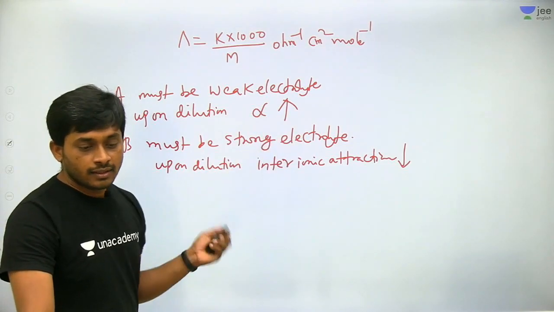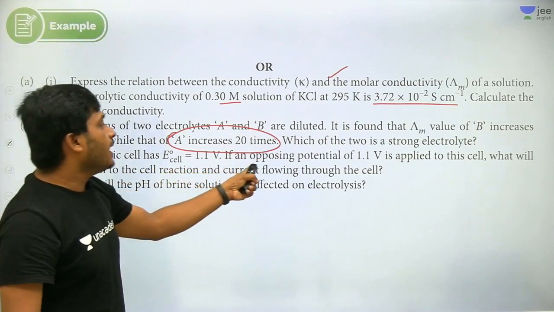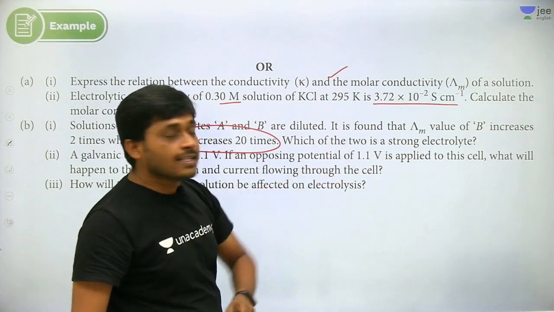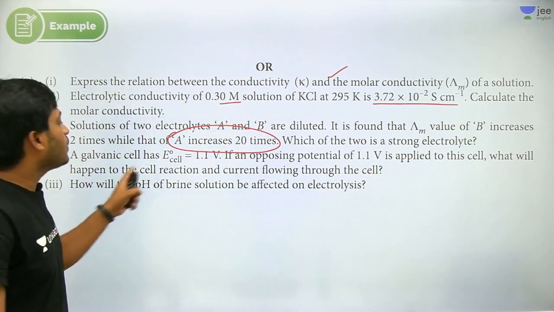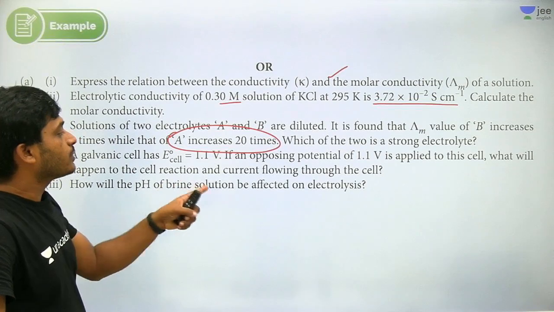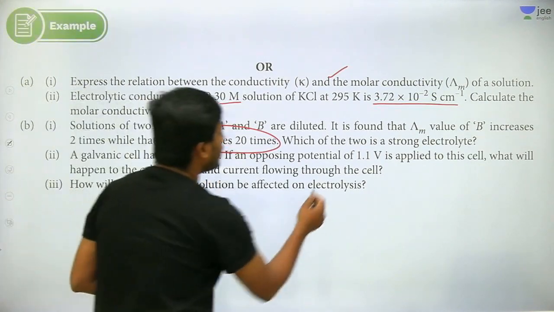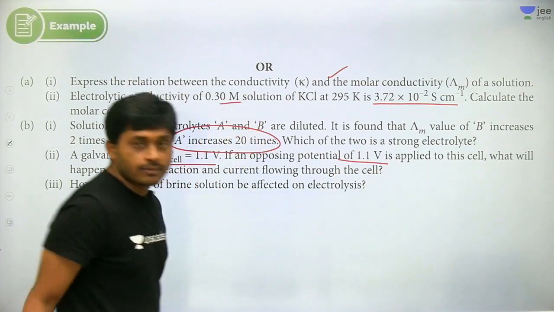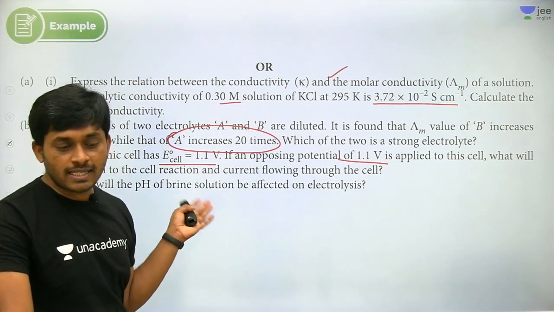Understood? Right? For the galvanic cell, E0 is given. If an opposing potential of 1.1 volt is applied, what will happen to the cell reaction and the current flowing through the cell? Its E0 is this and the opposing potential is 1.1. What will happen? Will current flow? No, equilibrium will be established, right?